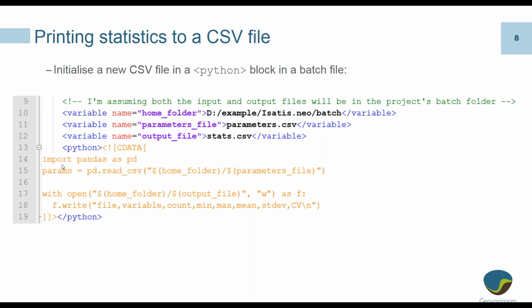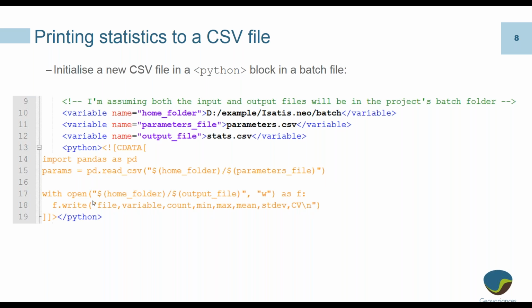The first 2 lines of this Python block are the same as previous: I'm importing pandas and reading the parameters file into a data frame. If you haven't seen Python before, this will look a little bit mysterious. I'm also mixing and matching pure Python with the Isatis.neo batch references to variables defined in the batch file.